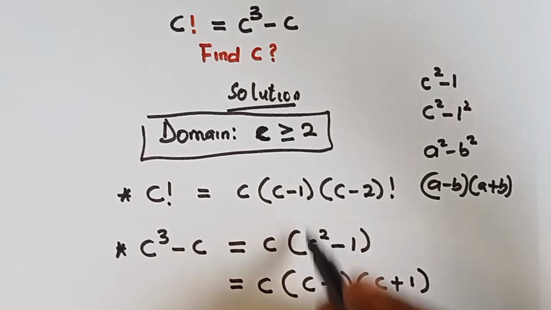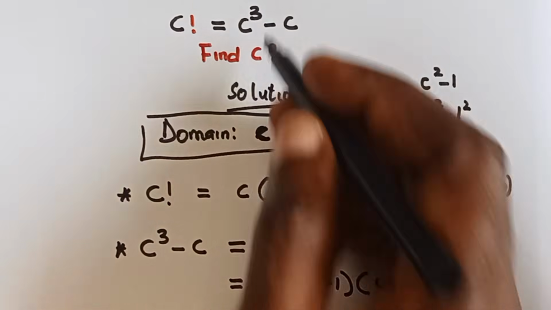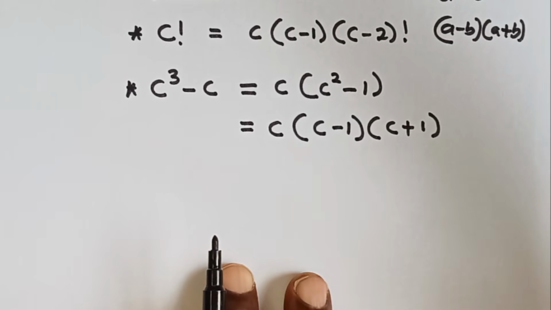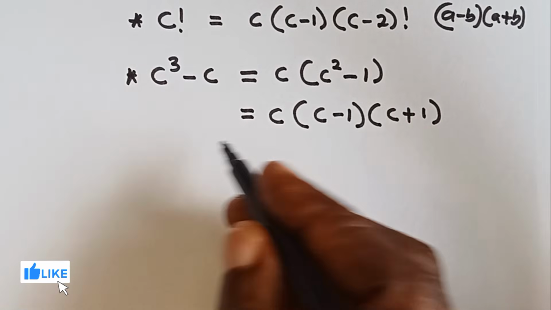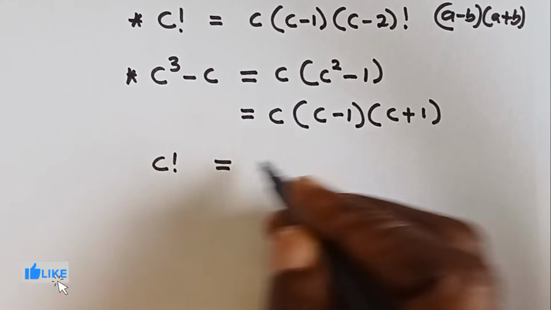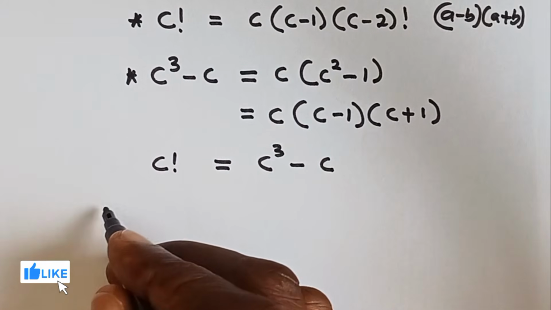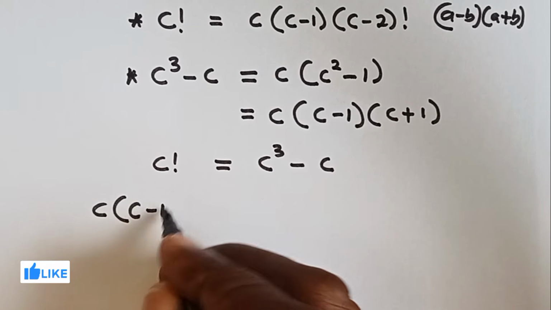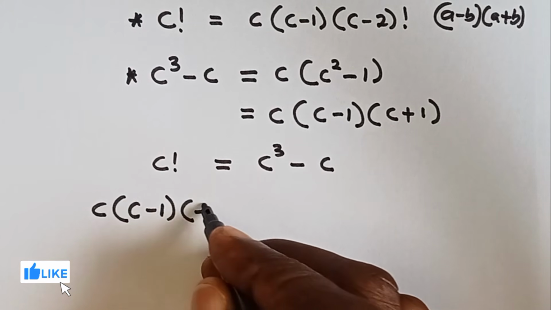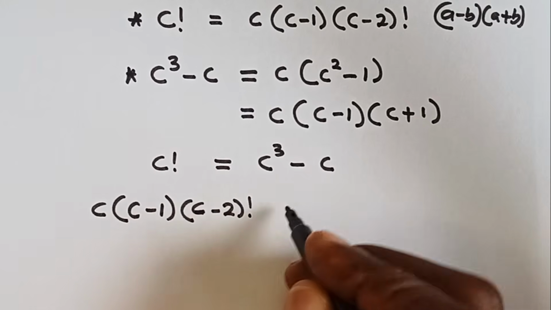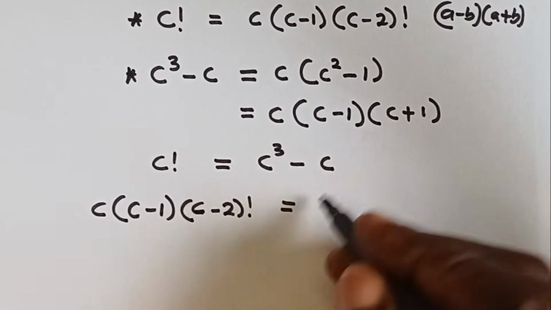Then we can now equate this and this since we have them here. So that means c factorial equals c cubed minus c, which is the same thing as, what is c factorial? c(c minus 1)(c minus 2) factorial equals, now what is this?